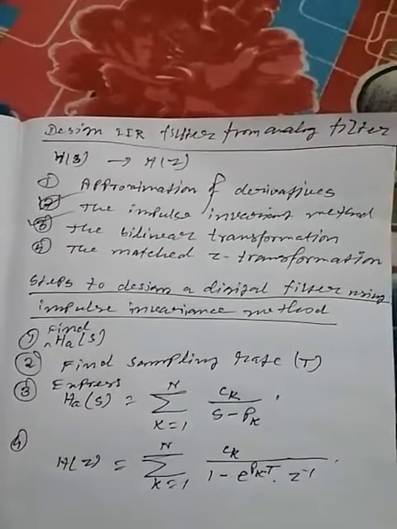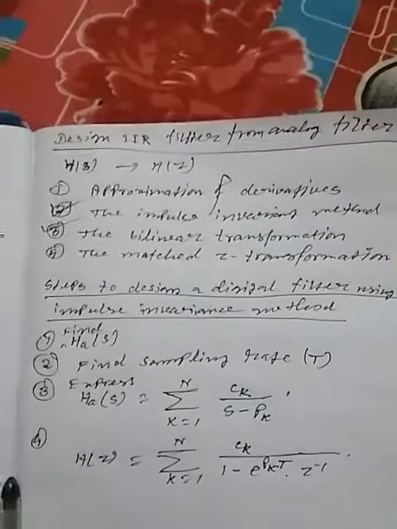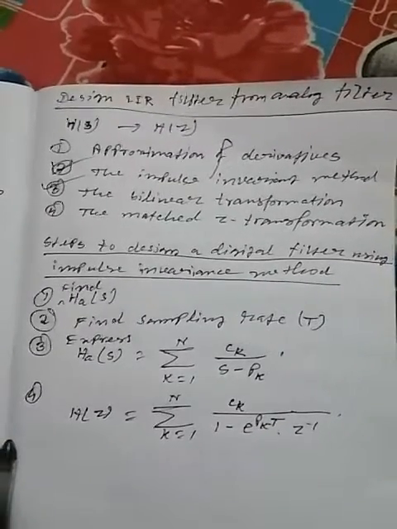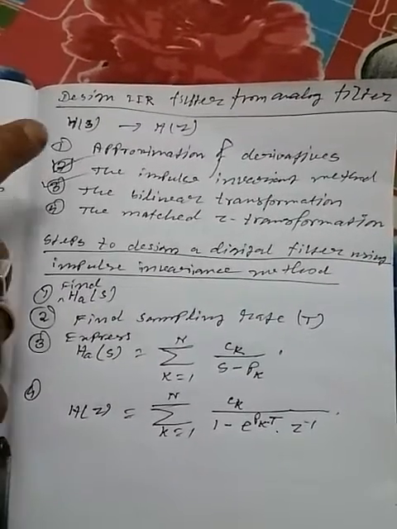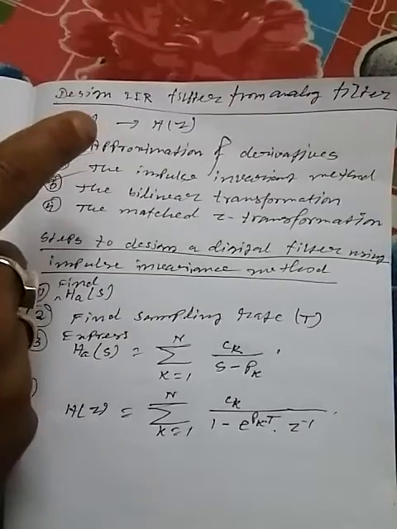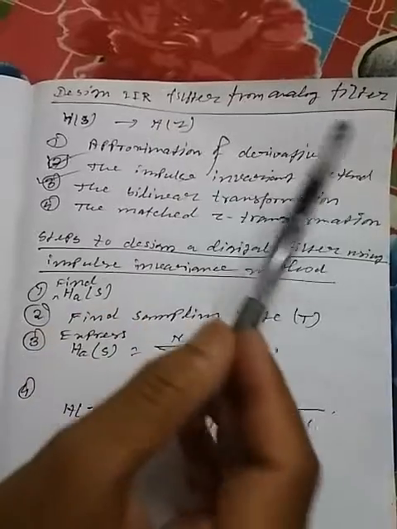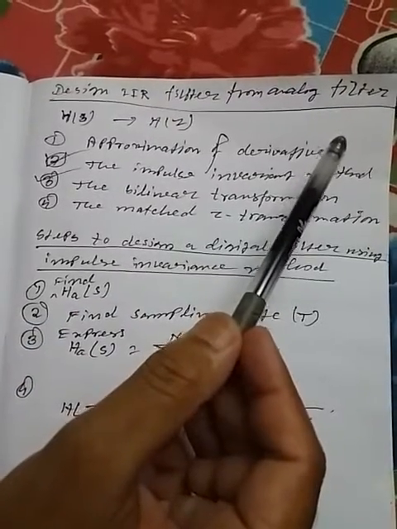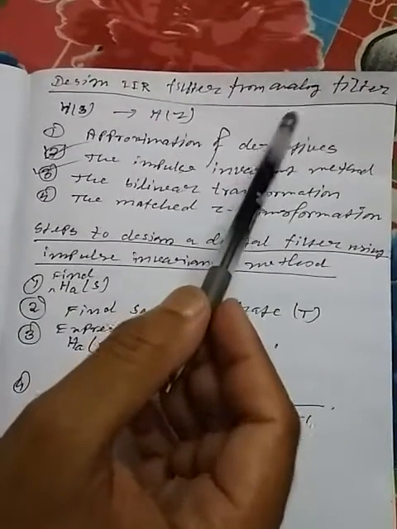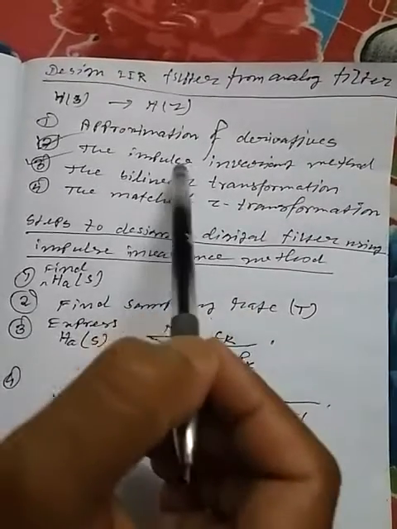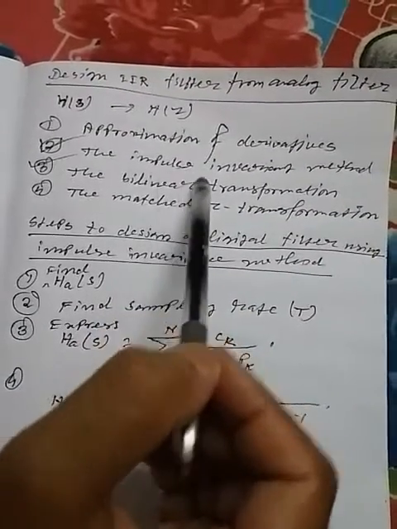What will be the summary of this video note? You have to design an IIR filter, that is an infinite impulse response filter, from an analog filter. The steps to design the analog filter you have noted in my previous video.